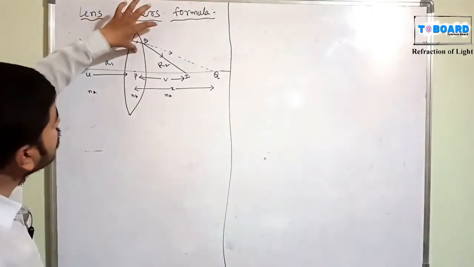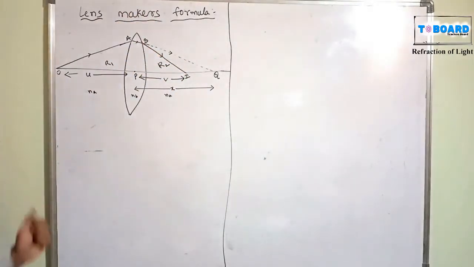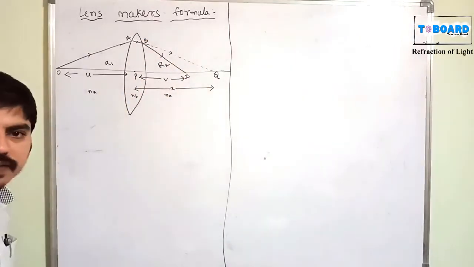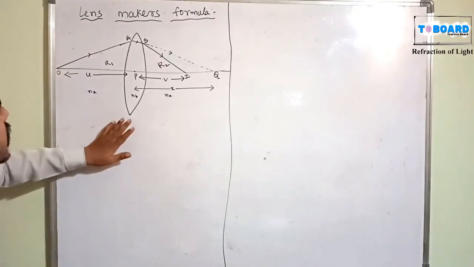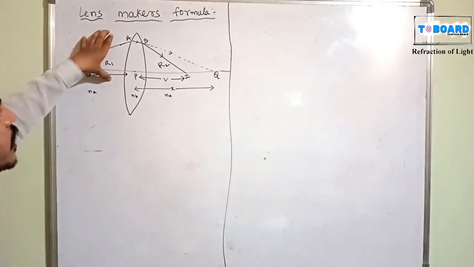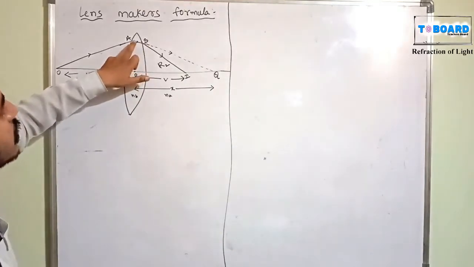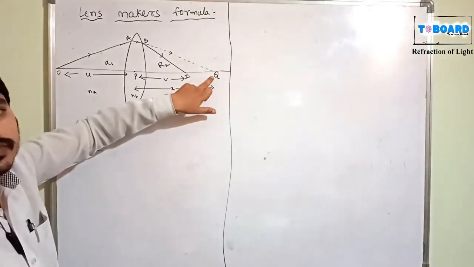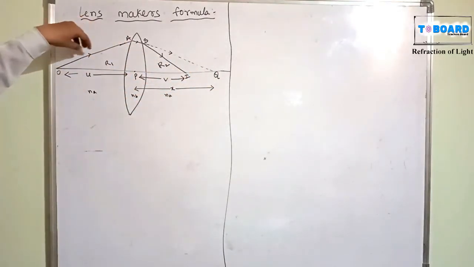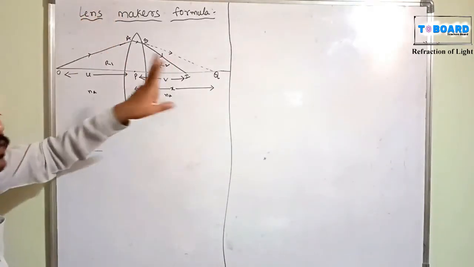Then again it comes from the lens to the outside, and again it bends; a refraction takes place. Again it will try to form an image on the principal axis at I. For example, if I consider only one side of the surface, where will the image form? Definitely, after bending at one surface, the ray will make an image at Q. So the incident ray falls on a position, and then two refractions take place.